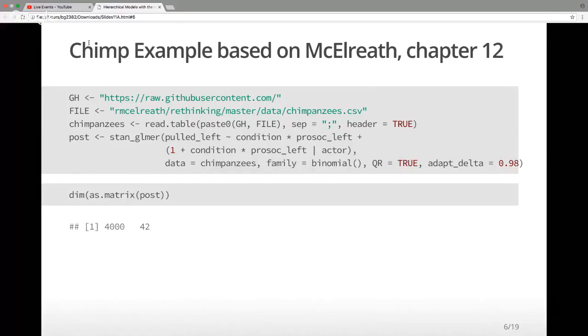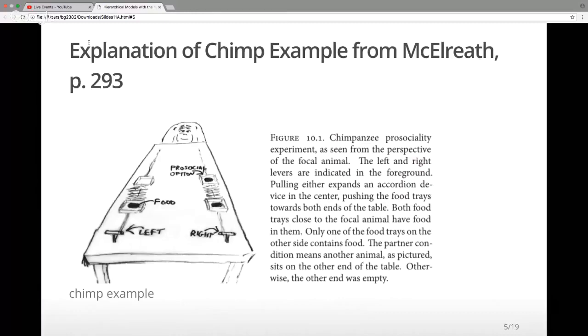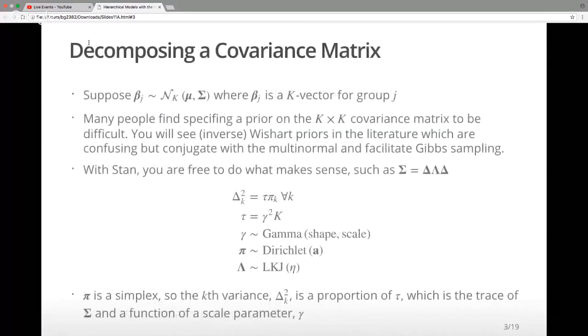You could get stuck at a local maximum, saddle point, or the most common affliction that you see when trying to do this by optimization is that you get an estimate where one or more of these variances are 0, or the correlation matrix or covariance matrix is singular, which is right on the border between positive definite and indefinite.